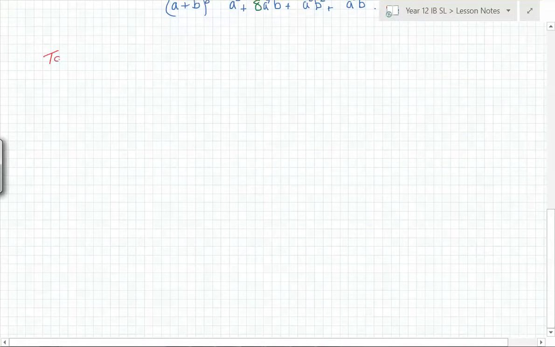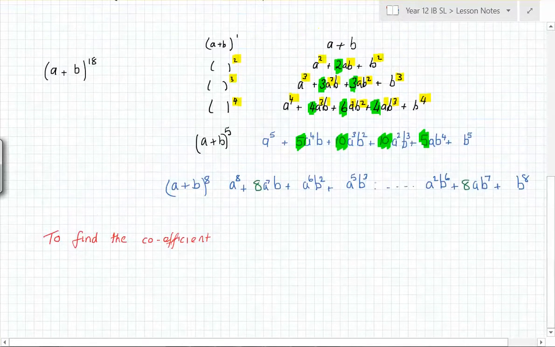Another bit of vocab then. To find the coefficient. So the coefficient is the number on its own. So not the algebraic stuff, it's the number that goes before the term. Right? So up here, this is a term. So that's a term in the expansion.